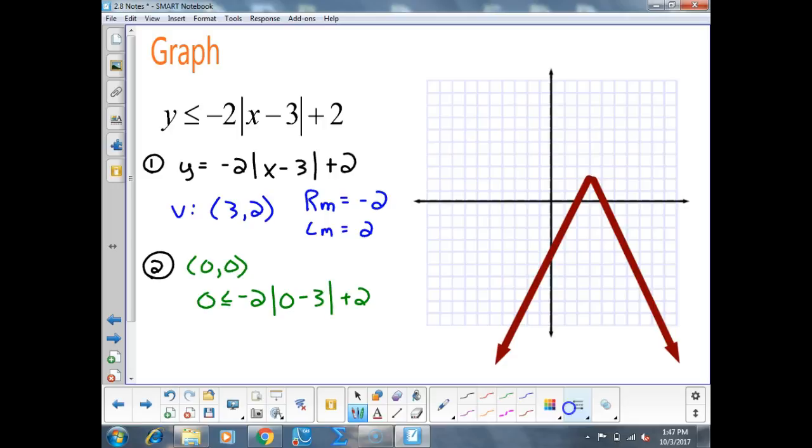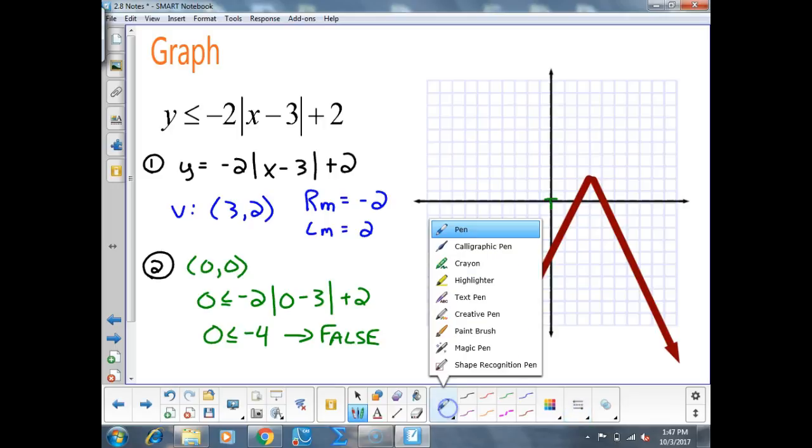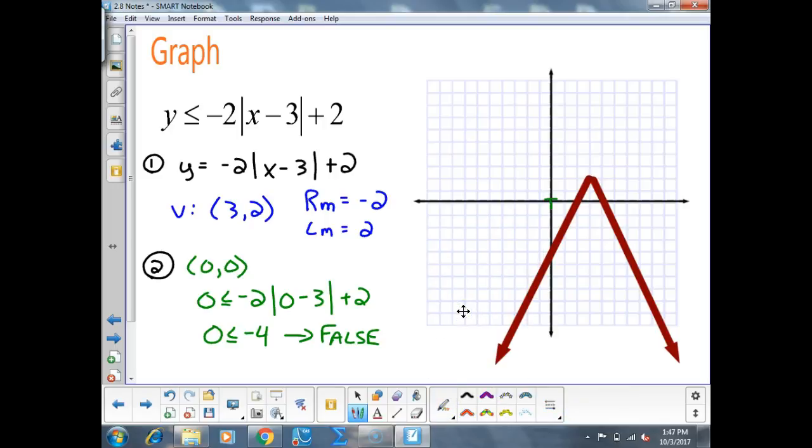So that's going to be 0 minus 3 is negative 3. Absolute value is 3 times negative 2 is negative 6 plus 2 is negative 4. That then yields me a false statement. So I'm going to have to shade the inside because my test point was on the outside.